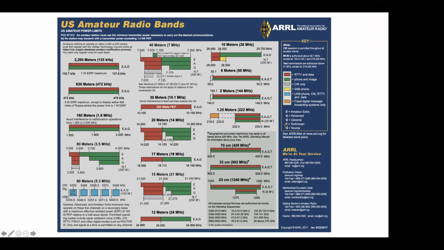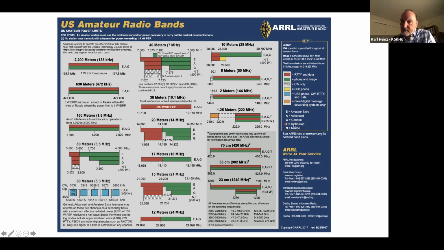So with a technician class license, you need to look for the T. When we look for the 40 meter band, for example, we find the T here. When we go over here, we see all these squiggles. We look for the squiggles and it says CW only. CW stands for continuous wave, which is ham speak for Morse code. So on the 40 meter band, you can use Morse code as a technician.